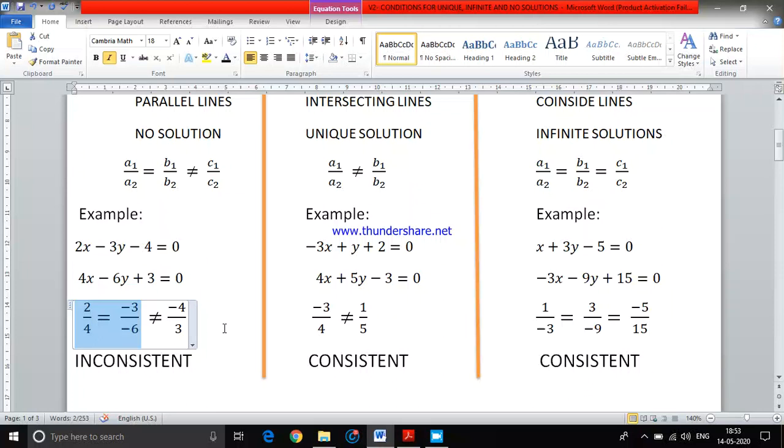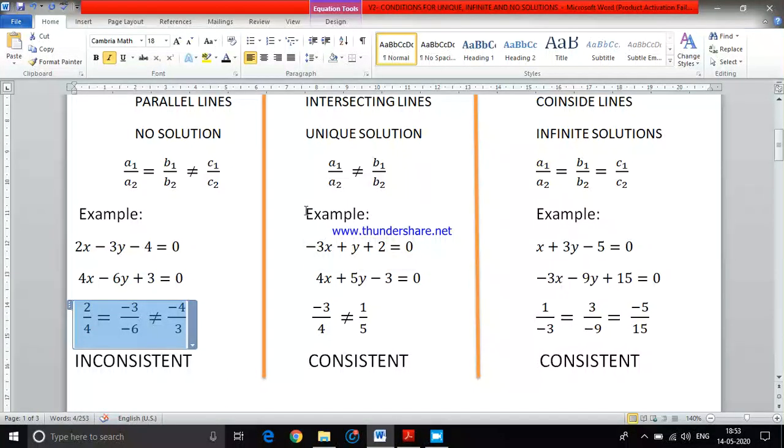But do you think minus 4 by 3 will give me 1 by 2 after simplification? No, right? So that's why a1 upon a2 is equal to b1 upon b2, but not equal to c1 upon c2. If this condition is satisfied, then I have to say the lines are parallel and there is no solution.